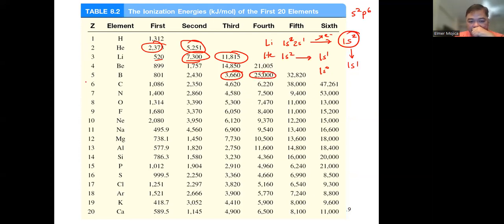Okay, because you start with 1s2, 2s2, 2p1. When you need to remove this one, this is the amount. If you need to remove one of them, this is the amount. But if it's already in the 1s2, the amount is so large. Okay?